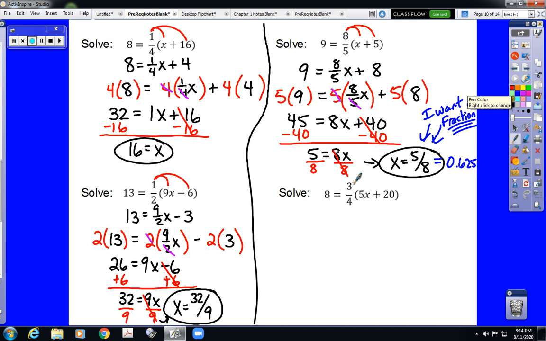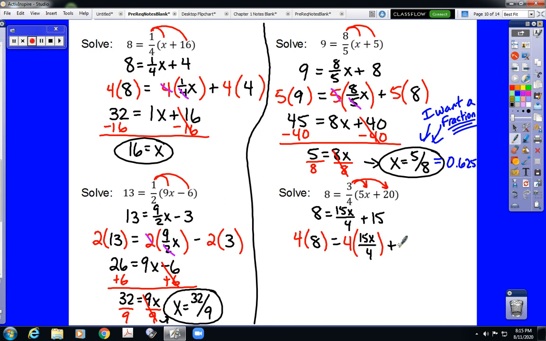This is our final example. 3/4 times 5x, 3/4 times 20 is 8 equals 15x over 4 plus 3/4 of 20, which is 15. We're then going to multiply everything by 4. So 4 times 8 equals 4 times 15x over 4 plus 4 times 15.